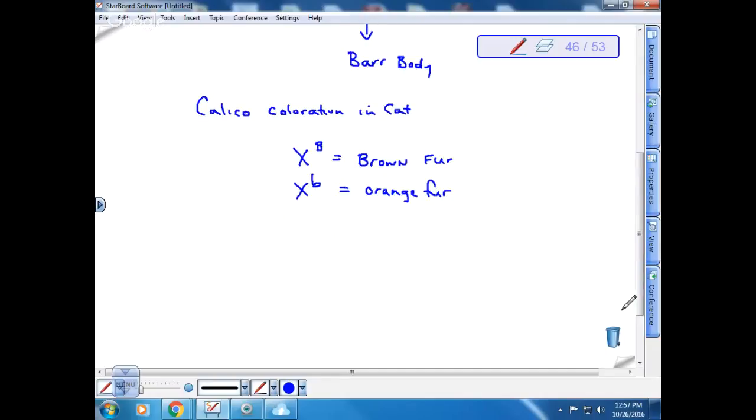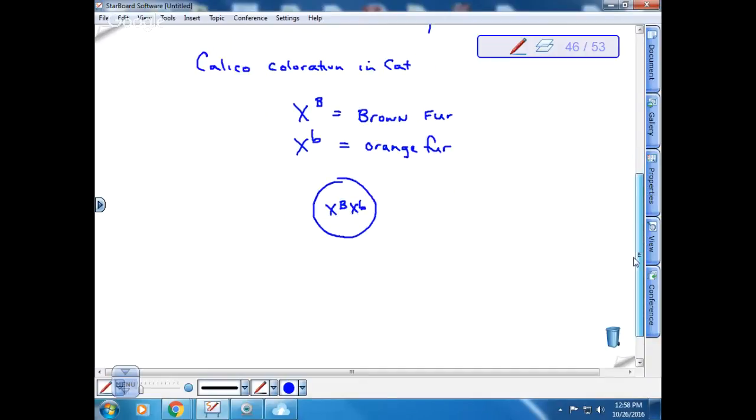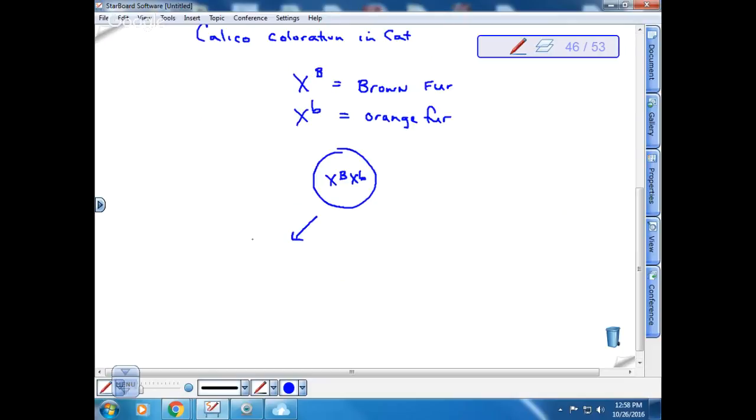So as these cat embryos develop, there's a random probability that the little b will be inactivated or the big B. So it's just kind of like random inactivation. So we start out with both of them active, right? In one group of cells, the brown one stays active and the other one forms a bar body.